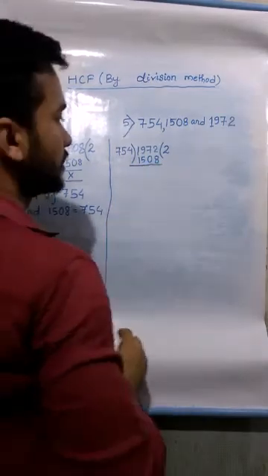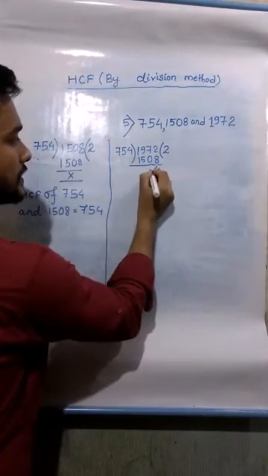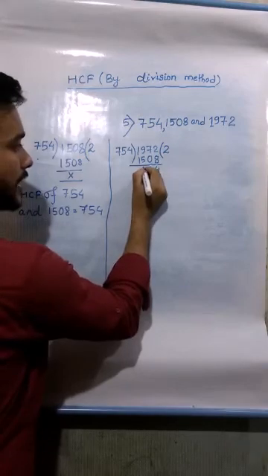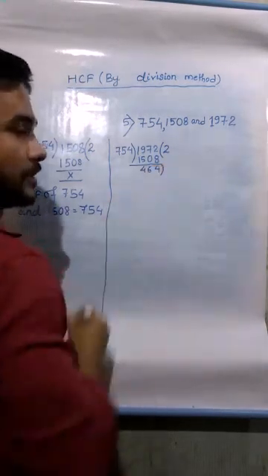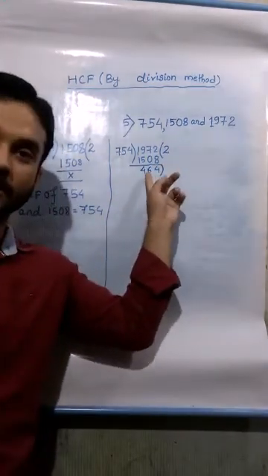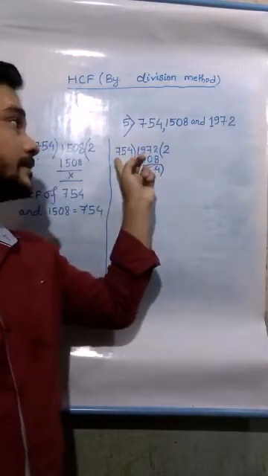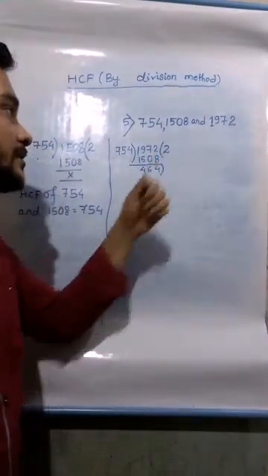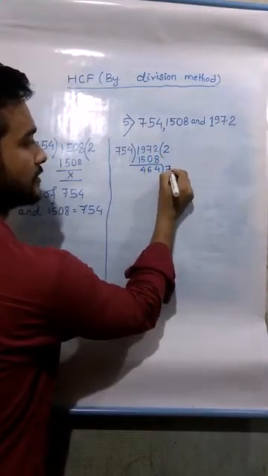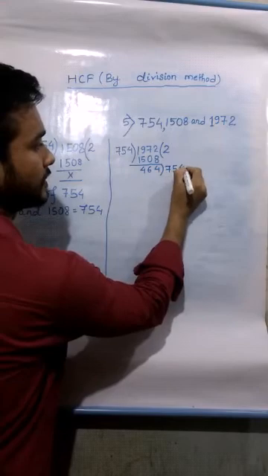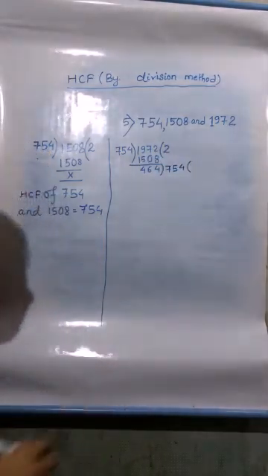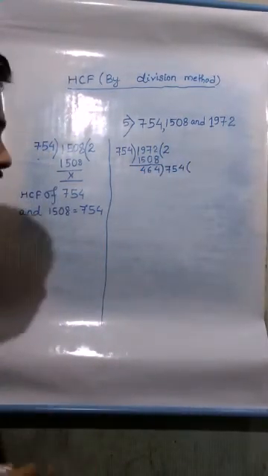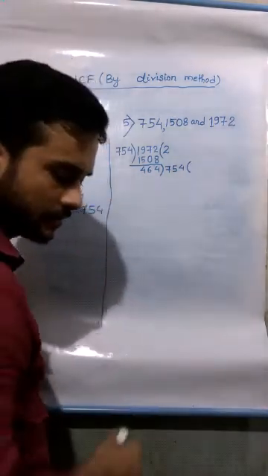Now subtract it, you will get 464. Now again this remainder will become the divisor and this divisor will become the dividend, 754. Now with which number will you multiply 464? So it is simple, 1.